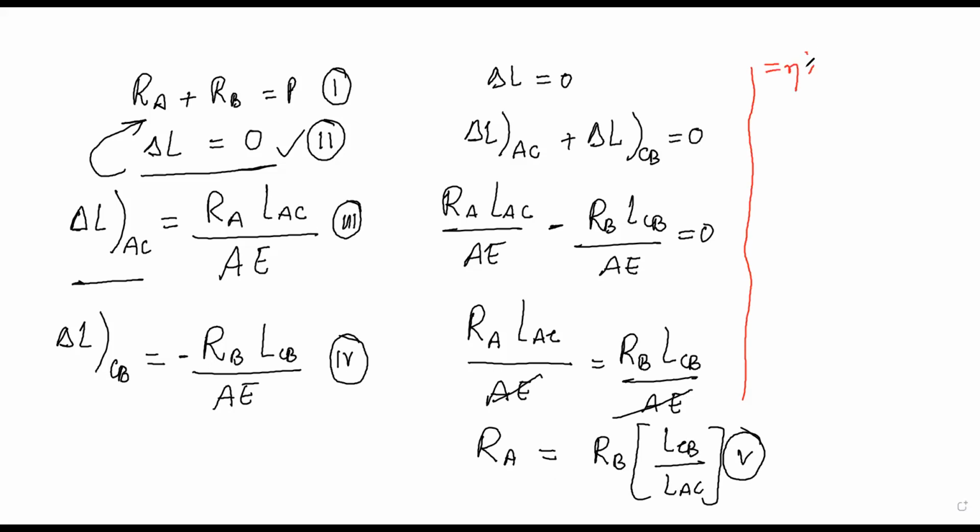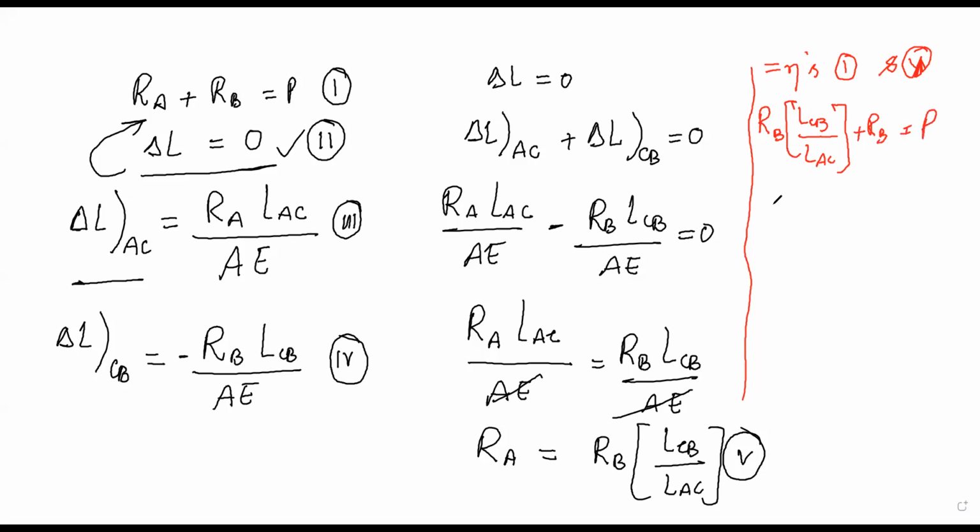From equations 1 and 5, in place of RA I will write RB multiplied by LCB divided by LAC, plus RB is equal to P. Fine.